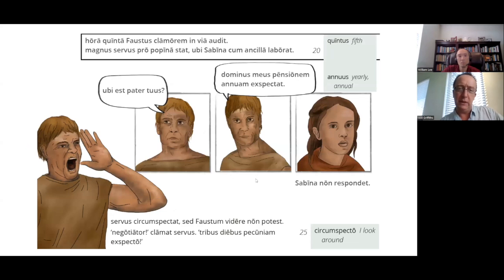That explains this little slide here from chapter 6, where the senator's enslaved man heads over to try and pick up this money and says essentially to Sabina, you need to be careful. Your life is in some danger.